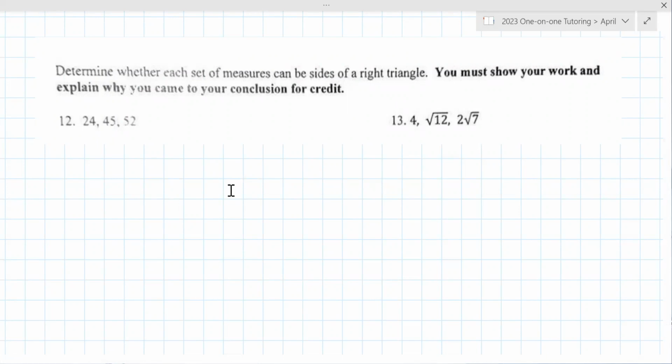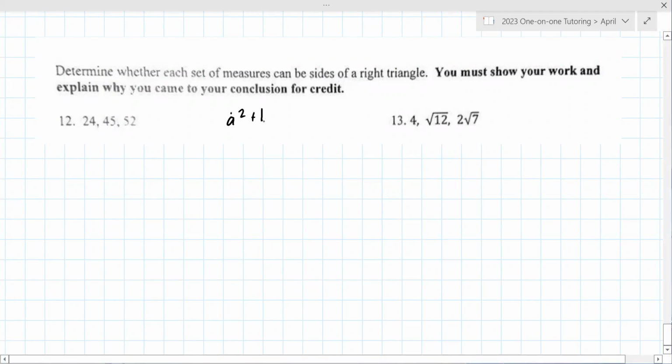So this whole a squared plus b squared equals c squared works because a is less than b is less than c. So on the left here, these are in ascending order. This is a, this is b, this is c. So what you're tasked with here is deciding if 24 squared plus 45 squared equals 52 squared.